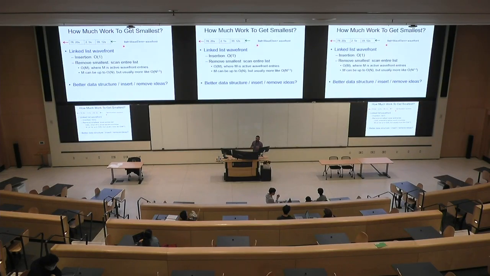Okay, and that's huge for cities like Toronto, Tokyo, whatever. It will take you probably hours to finish the algorithm. So it's obviously not a good data structure. So we need a better data structure to insert and remove from the wavefront.